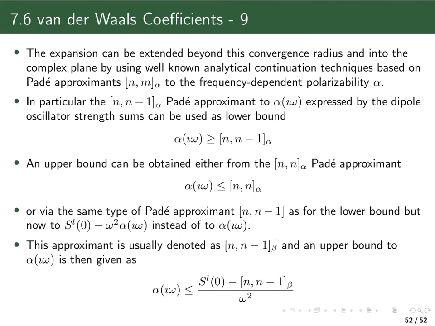Therefore one can also get an upper bound to the frequency-dependent polarizabilities over imaginary frequencies from the same kind of Pade approximant. And then if one has a lower and upper bound, then one can approximate the polarizability in this way.